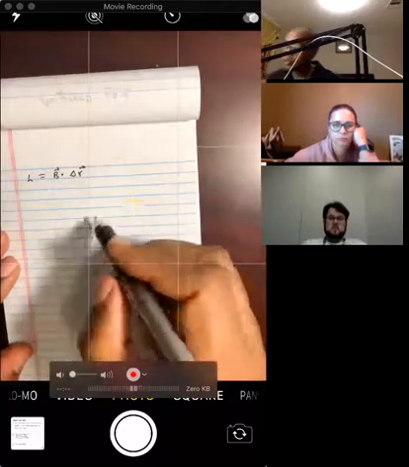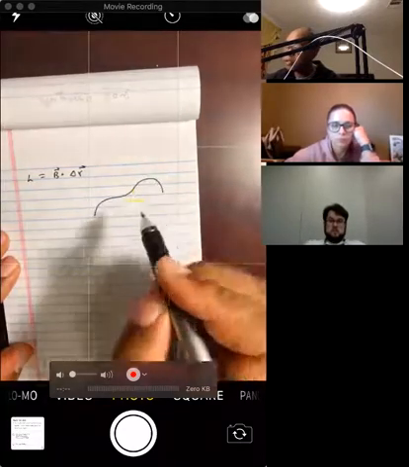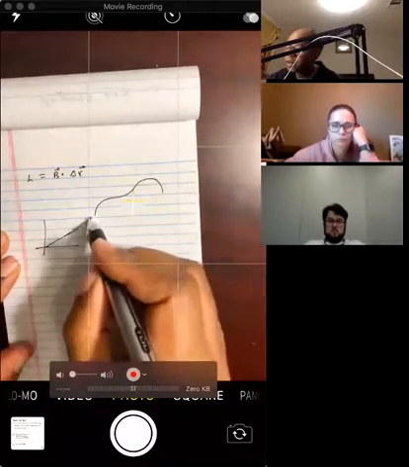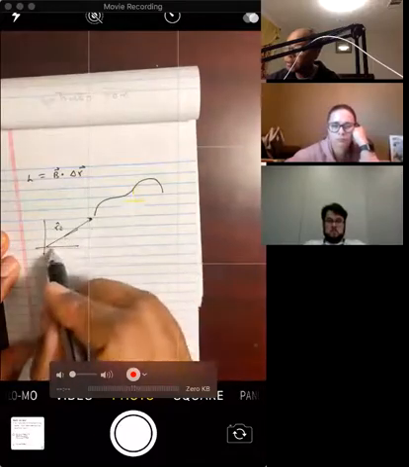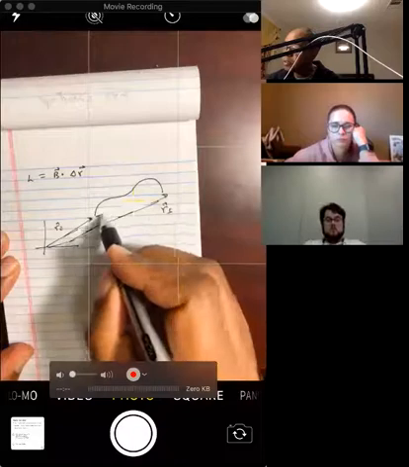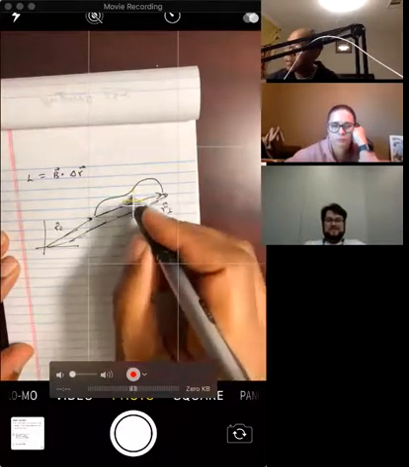Now look, it doesn't matter what the shape of the path is. Let's say that's what you have. If you're using this coordinate over here, this is your Ri, this is your Rf, and delta R is this one. So it doesn't matter what the shape of the path is.